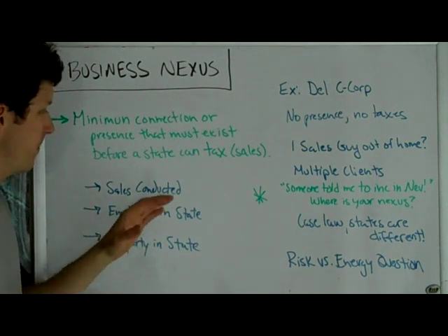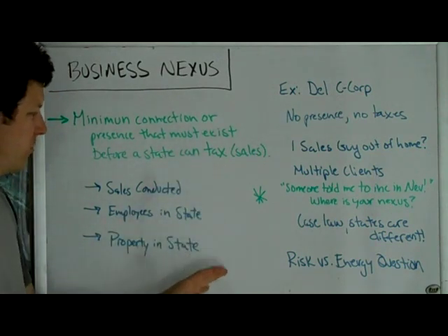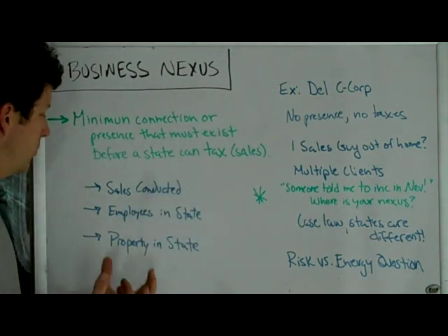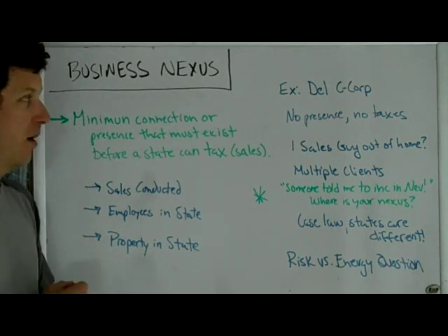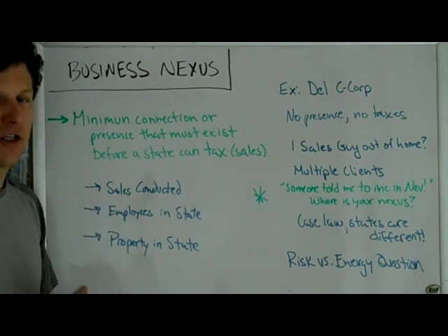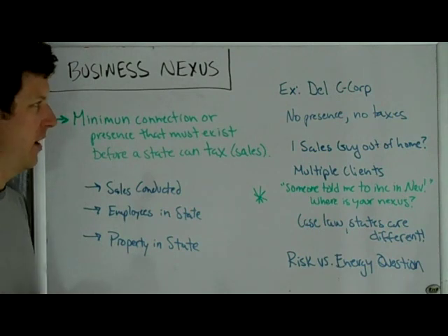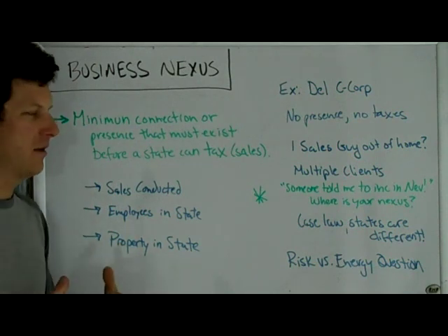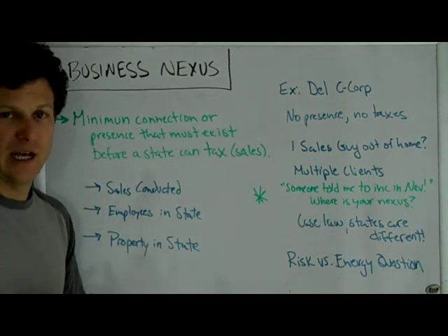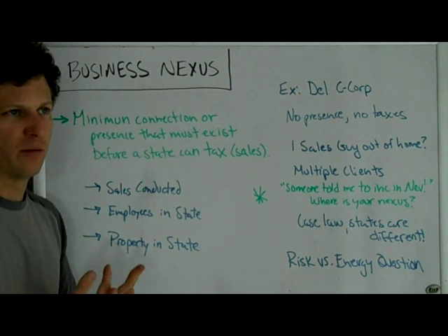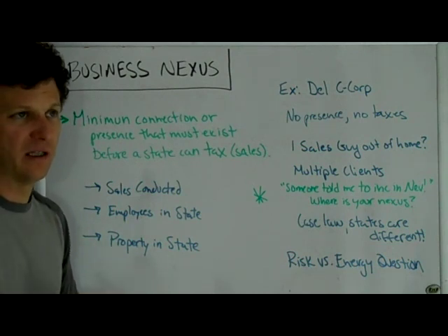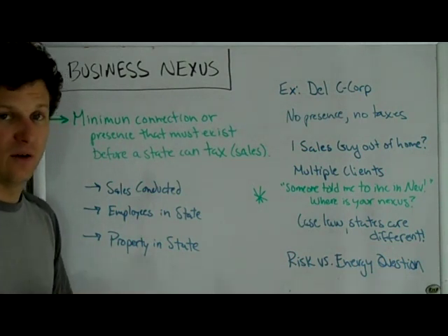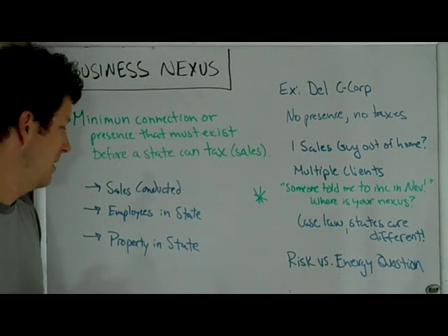When you ask about metrics, about the threshold it takes to satisfy any of these requirements, there's not that much concrete information out there, and the states are also slightly different. In general, if you're conducting anything more than minimal sales in a state, if you're doing multiple contracts with folks based there, then it's a good idea to establish a nexus in that state.